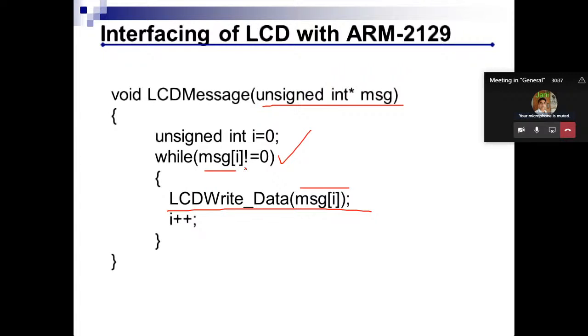So the pointer will be incremented by one position. So next it will point to E. So the ASCII equivalent of E will come into this, and then it will be sent to the LCD. And like this the entire message you can display until it reaches the null. So until it reaches the end of the message, the entire message will be written to the LCD. So this is how you can specify any message, and then that message you can write to the LCD.